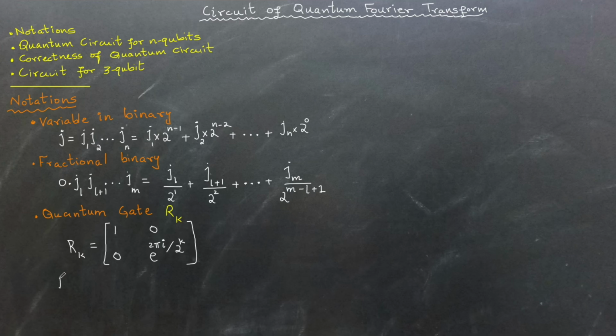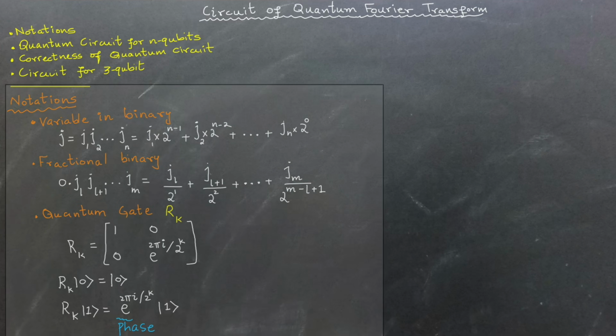The Rk gate is a quantum phase gate. When we apply the Rk gate to the state ket 0, the output remains ket 0. However, when we apply the Rk gate to the state ket 1, a phase factor of Euler number raised to the power 2 pi i divided by 2 raised to the power of k is introduced to the ket 1 state.